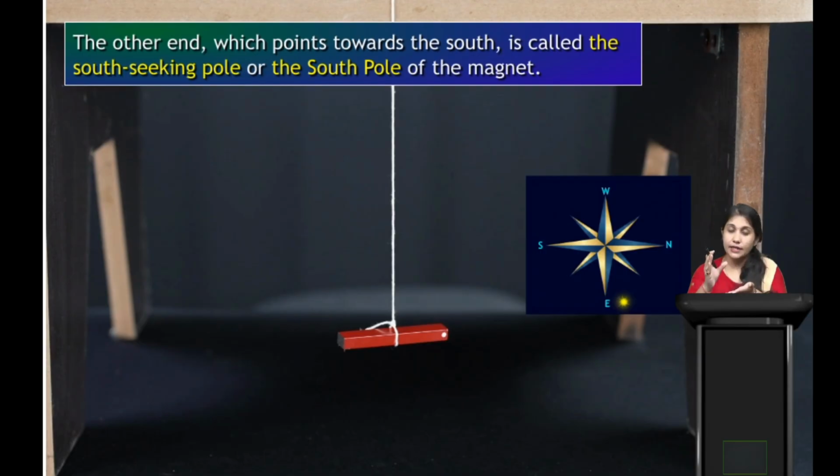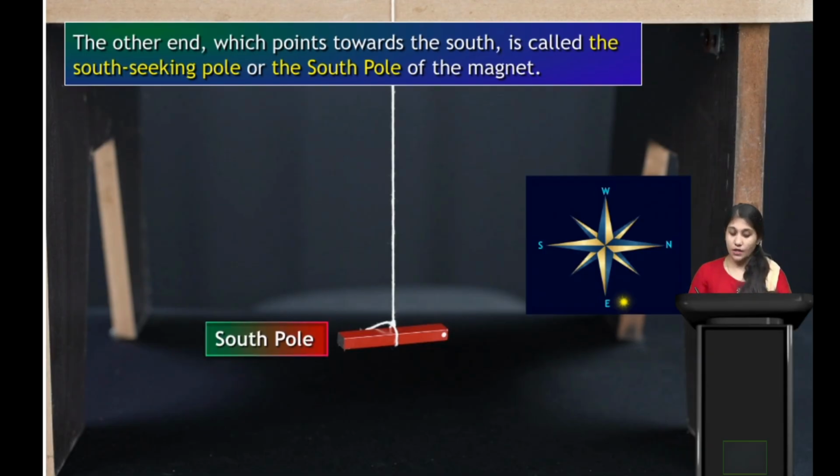If the end point of the magnet is pointing towards the north direction, then we will call this one the north-seeking pole or the north pole of the magnet. If the other end of the magnet is pointing towards the south direction, we will call this one the south-seeking pole or the south pole of the magnet.